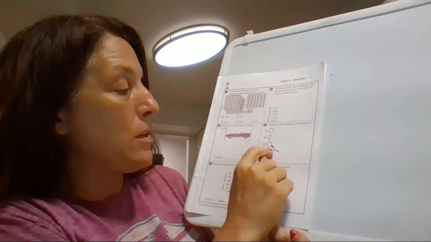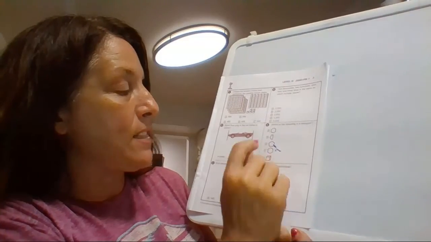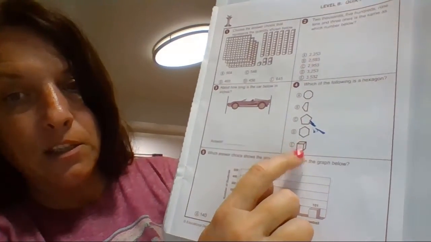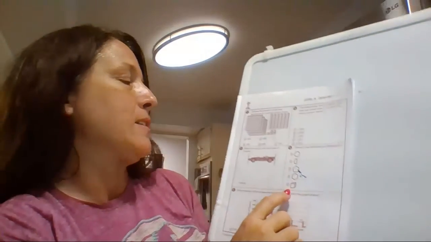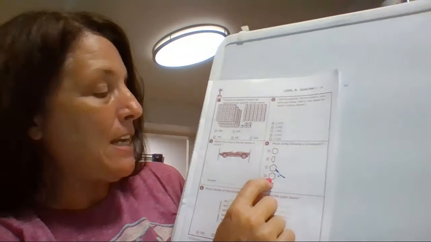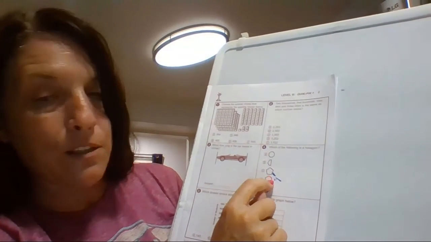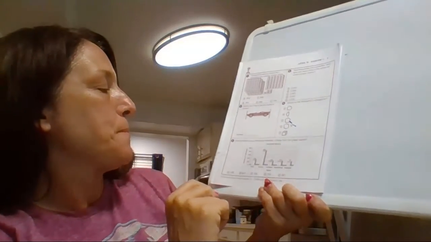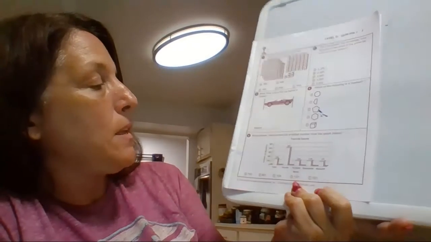But this one has 1, 2, 3, 4, 5, 6. And the bottom one is a cube. We know that. That's a 3D shape. That's not a hexagon. Your answer should have been D, because D has 6 sides, 6 vertices, and 6 angles. It is a hexagon.